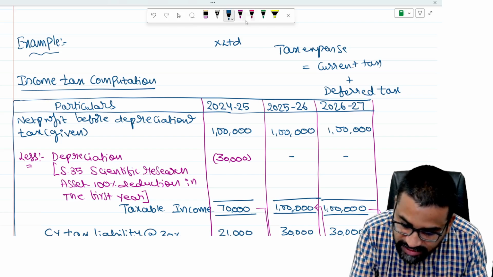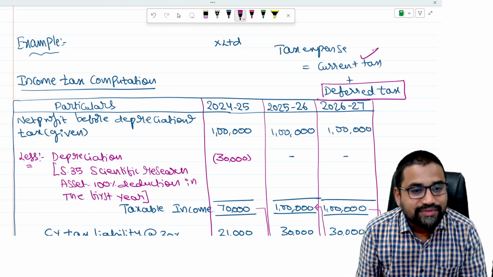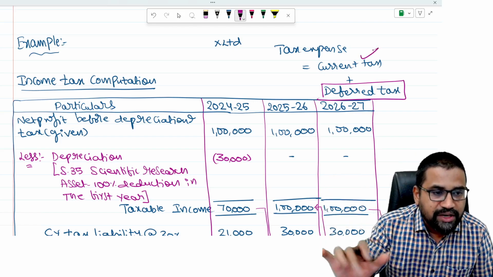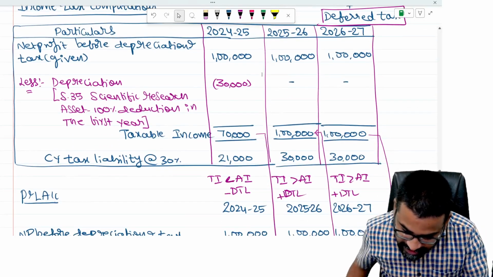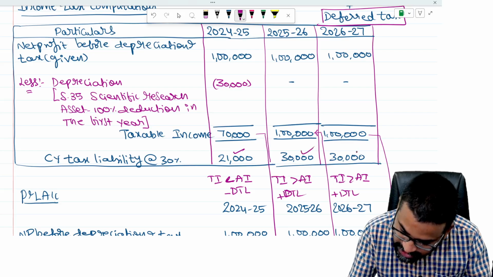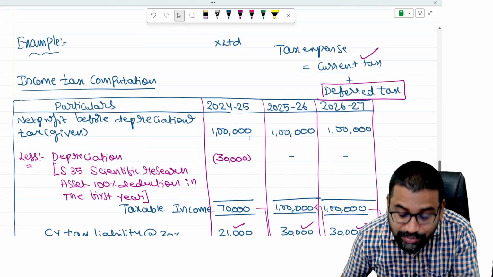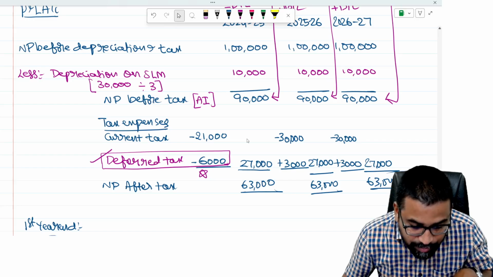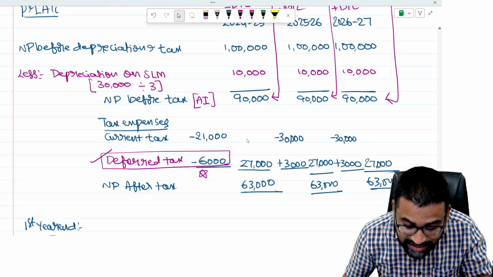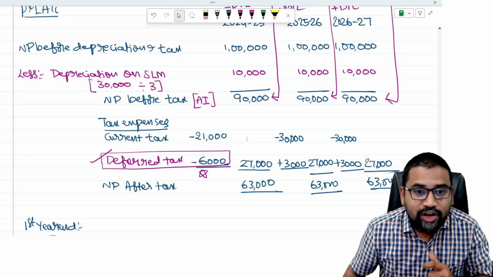Now see, we know how to arrive at current tax. Very simple. We follow provisions of income tax and we calculate liability. Like in this problem we have done, current year tax, this is 21,000, 30,000, this is current tax. But why did they introduce the word deferred tax? Because of the not matching concept. Because of the net profits, accounting income and taxes are not matching. So why are they not matching?